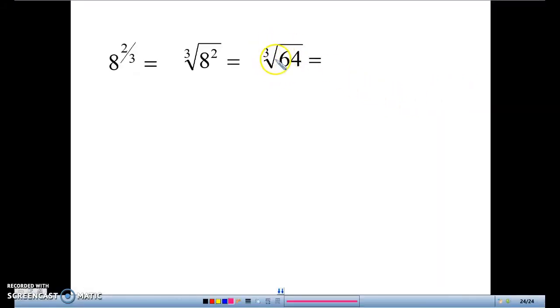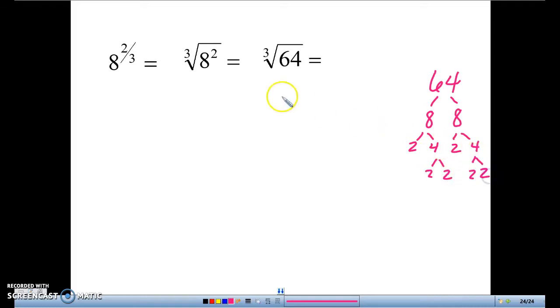We can do this. You know, with a number, you can just plug that into your calculator. But let me do this. That's 8 times 8, 2 times 4, 2 times 4, 2 times 2, 2 times 2. Taking it the slow and steady route, if I do prime factorization, there's 1, 2, 3, 4, 5, 6 2's.